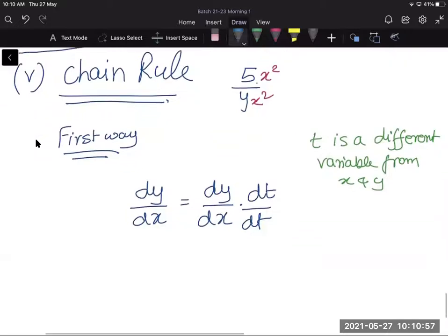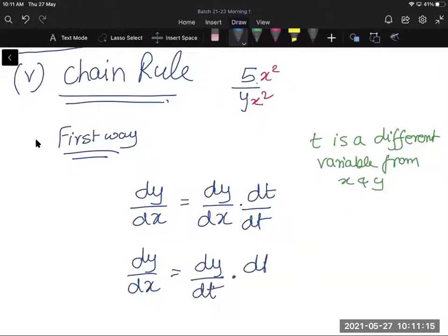Then what I do is I rewrite this object as dy by dt into dt by dx. I can do this as well. So here I can write this as 5x square divided by x square into 4, or whatever it was, does not matter.